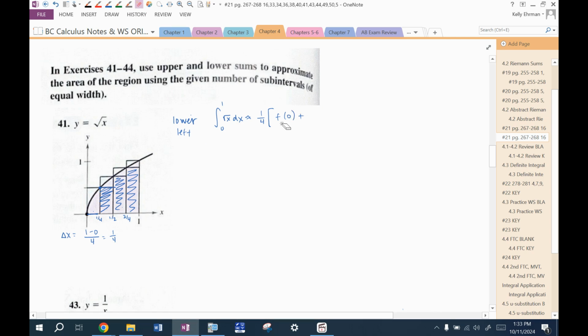It's y. Y of 0 plus y of 1/4 plus y of 1/2 plus y of 3/4. I, again, am going to use a calculator for this.